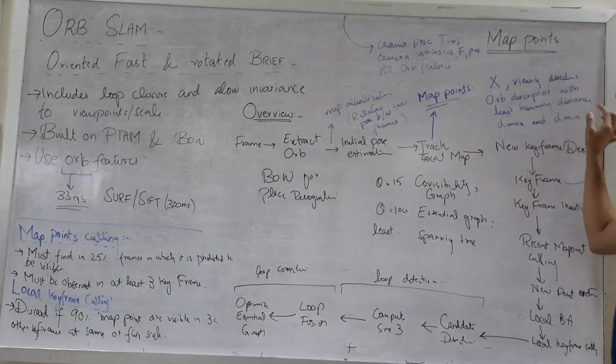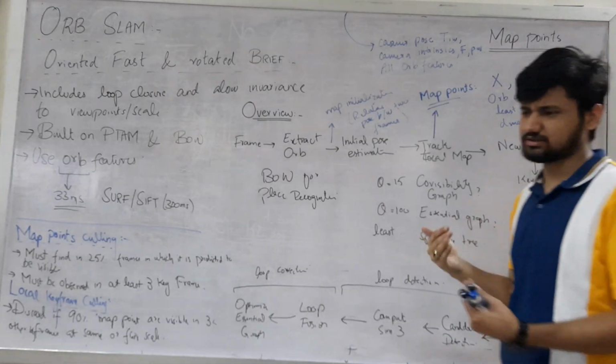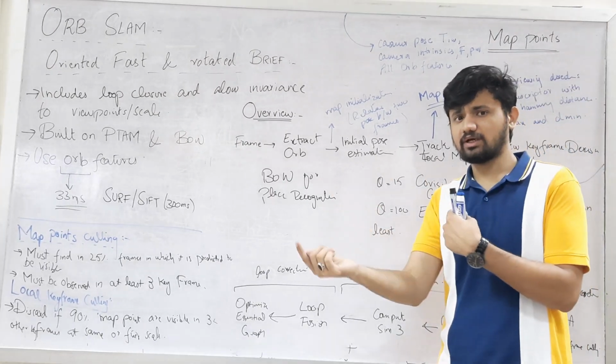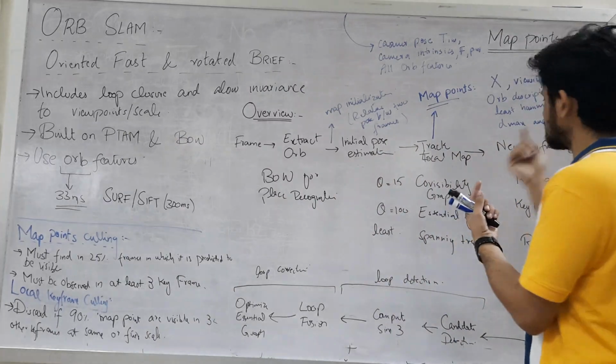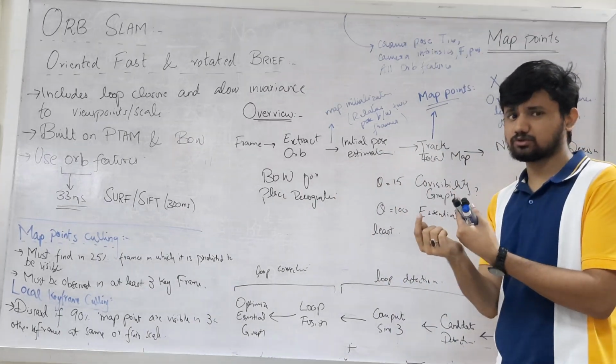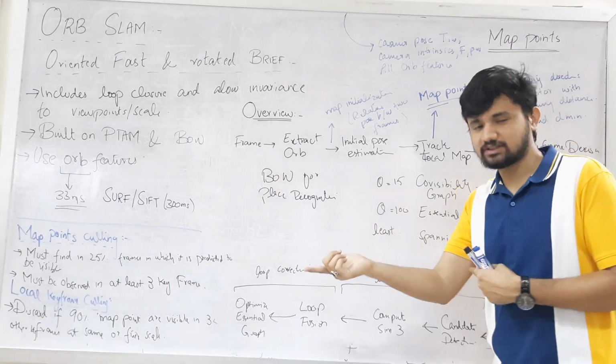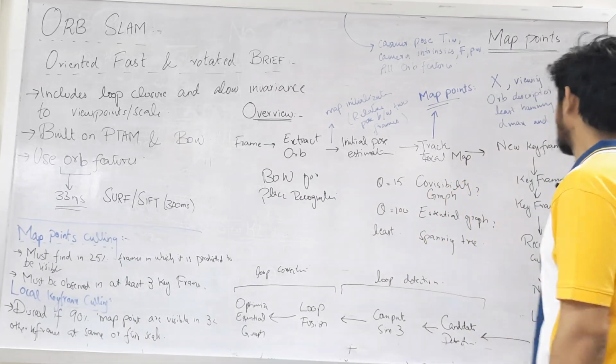You can search on how to find the Hamming distance; it's not a big deal. The whole idea of finding the distance between the point and the feature is to make sure this is the most responsible feature for the map point's existence.